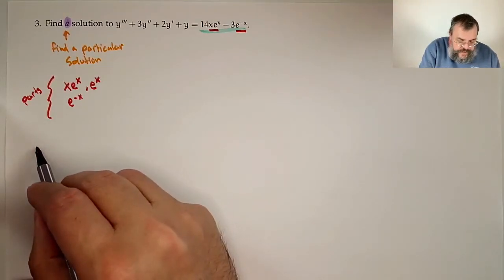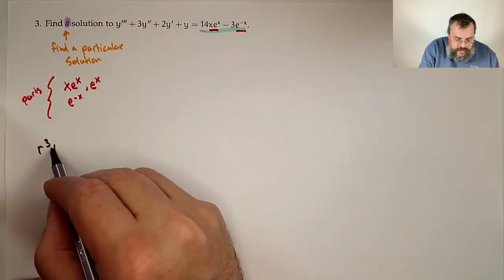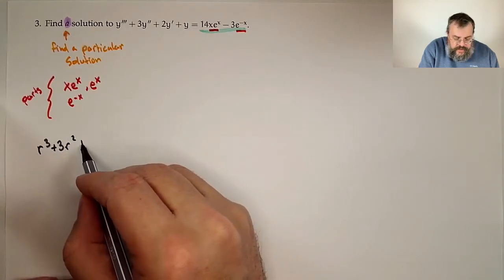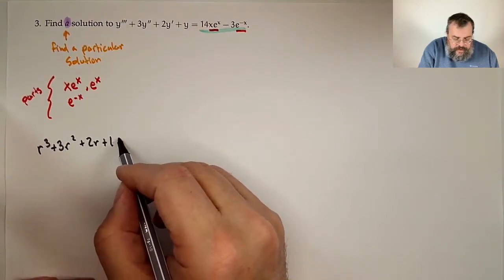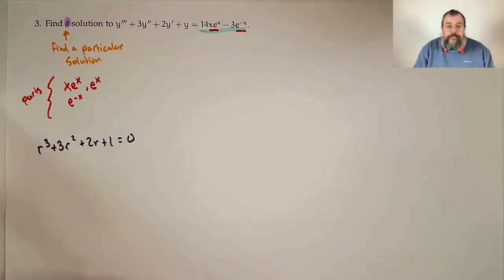So if we look at the homogeneous, we have r cubed plus 3r squared plus 2r plus 1 equals 0. You're like, oh, well, that looks hard. Can you factor it? Well, in theory, yes. In practice, maybe. It depends.